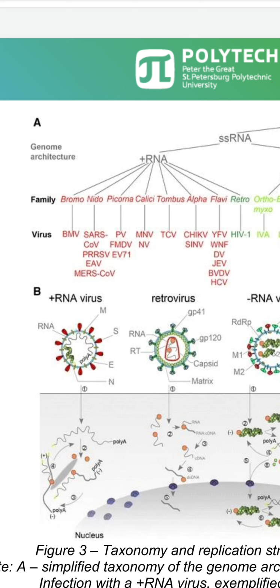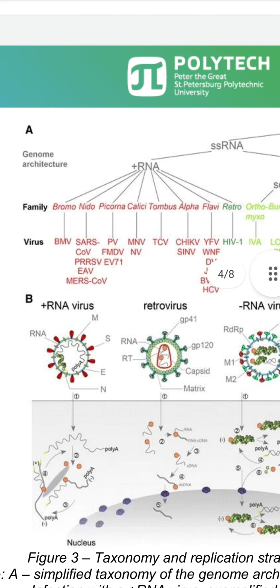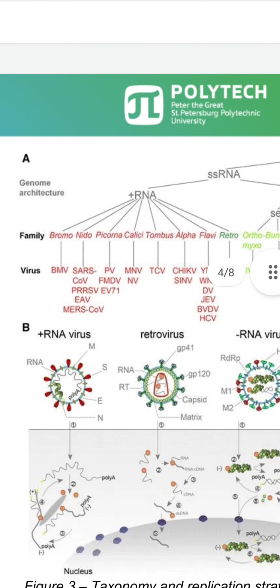Nido family, for example, SARS-CoV, PRRSV, EAV virus, MERS virus or CoV. Picorna virus family, PV virus, for example, FMDV virus or EV71 virus. From the family of Calici, for example, MNV virus or NV virus.